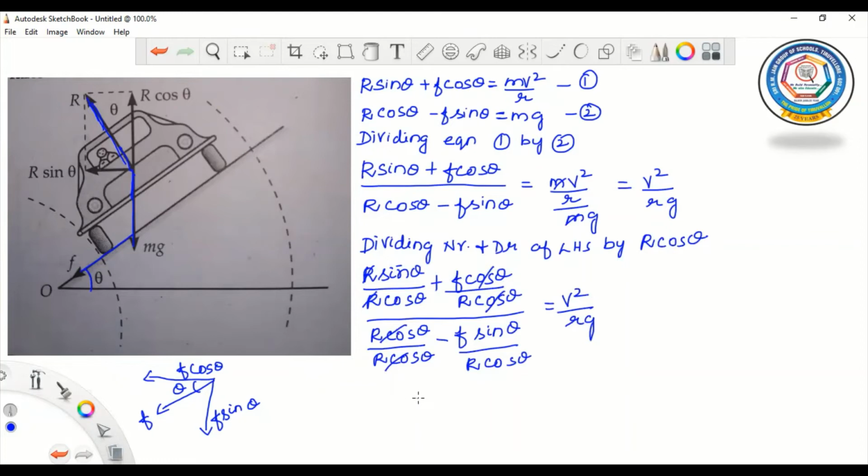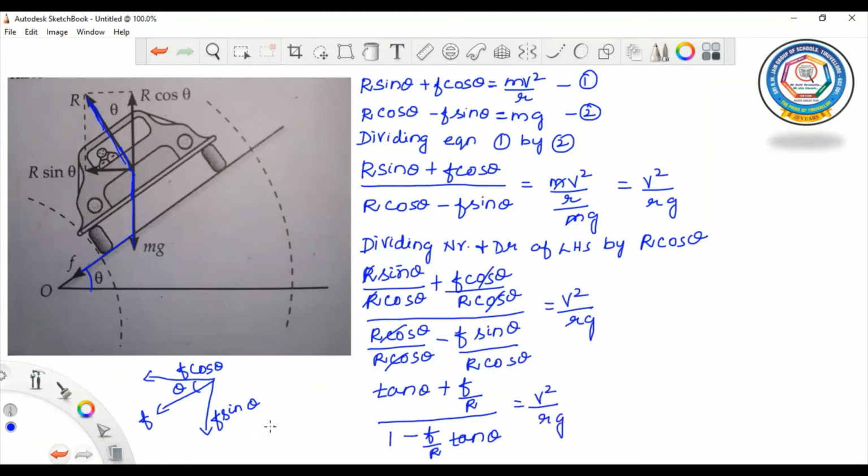So what do you have then? This will become equal to sin theta by cos theta, which is tan theta, plus F by R, divided by 1 minus F by R tan theta, is equal to v square by rg.